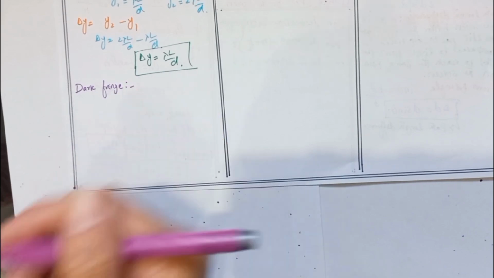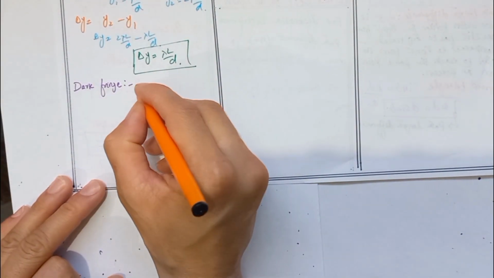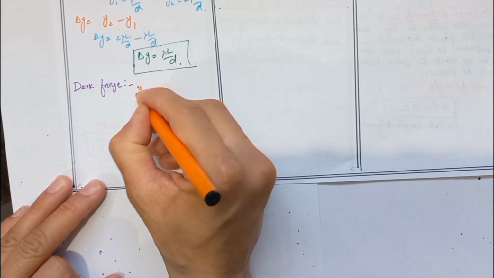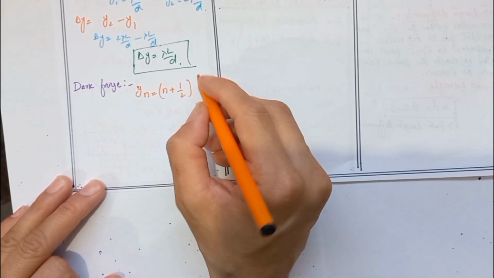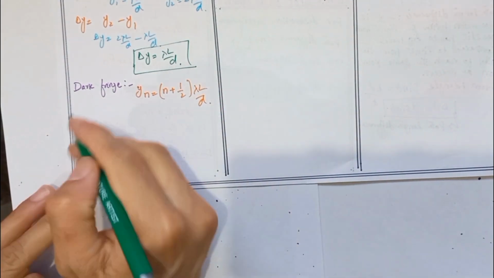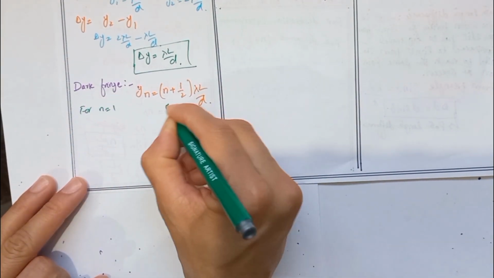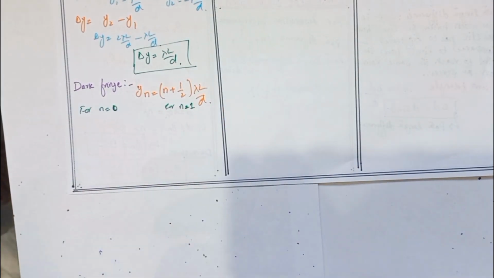Similarly, we can calculate it for the dark fringe. For the dark fringe, we know the position of the dark fringe on the screen is y is equal to (n plus half) times lambda L over d. Here we calculate for first order and second order. First order starts from 0 and second order starts from 1.